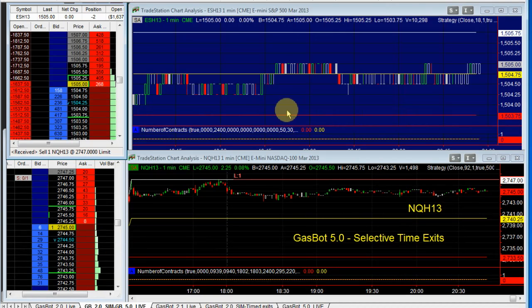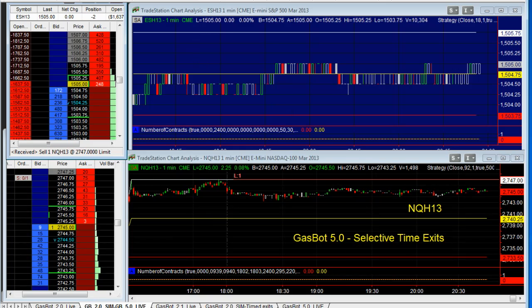While I'm here, I'll take a minute to explain that there's a bot 2.0 running on the upper graph. It's a blue background, meaning it's taking sim trades. The lower one is the 5.0 gas bot, which has selective time exits.